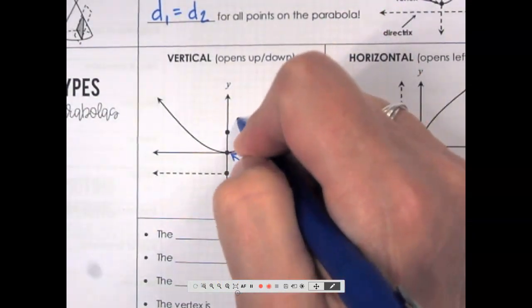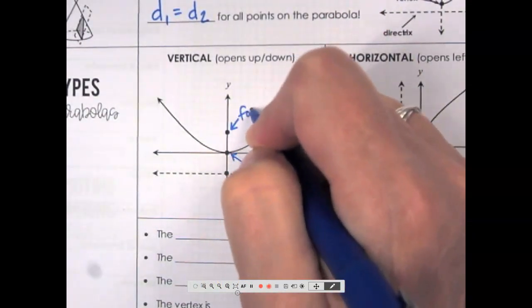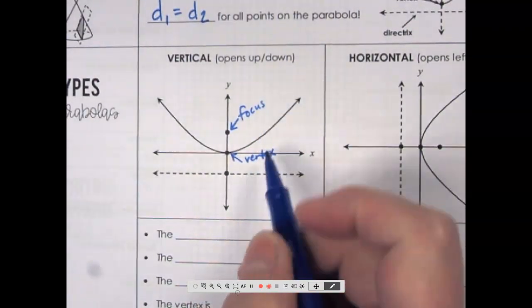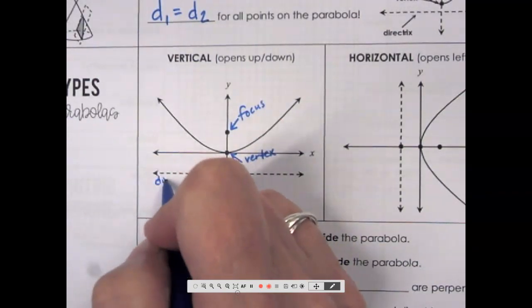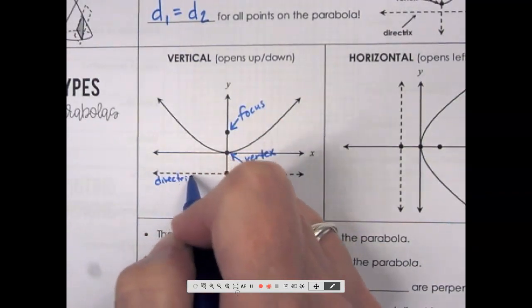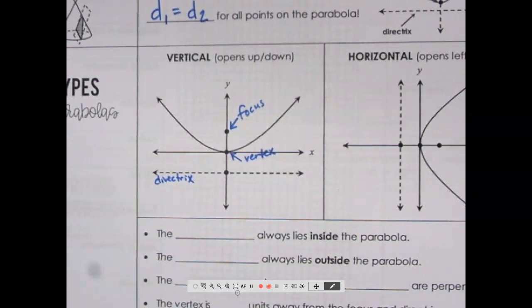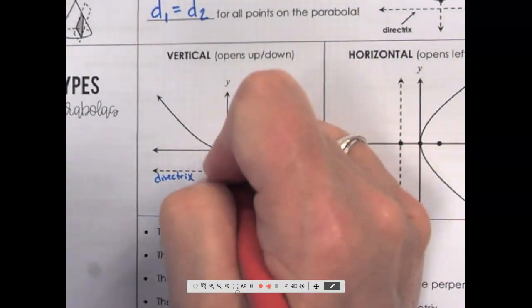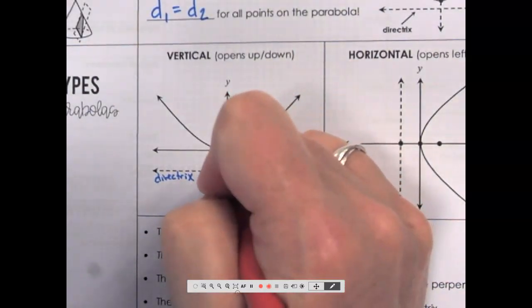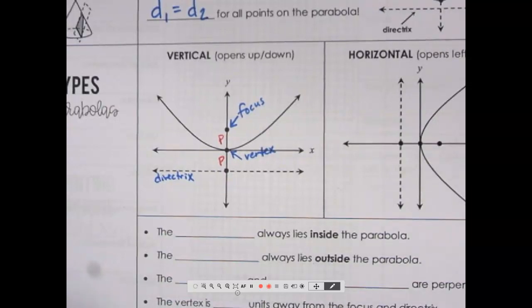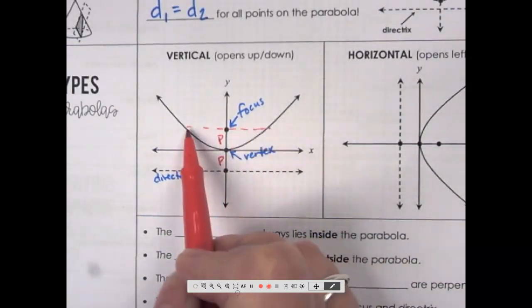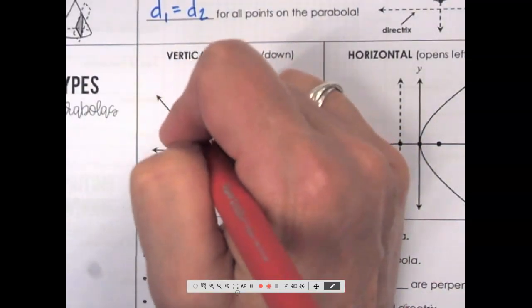This is the focus. This line right here is the directrix. And then this distance here is p, and so is this. And then this distance is what we call the latus rectum.